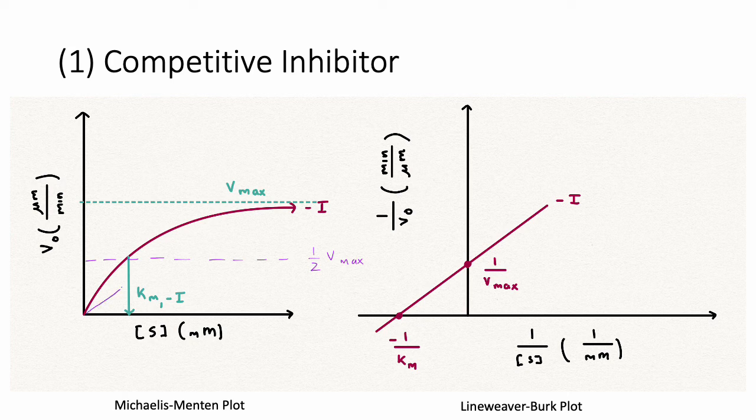So if we were to draw the line for the inhibitor, let me label this as plus I, we should see that Km plus I is greater than Km minus I. So for the Lineweaver-Burke plot, remember, -1 over Km, or the x-intercept, got closer to the origin. Here's the origin. The y-intercept did not change, and the slope increased. So here is what the line would look like with the inhibitor.